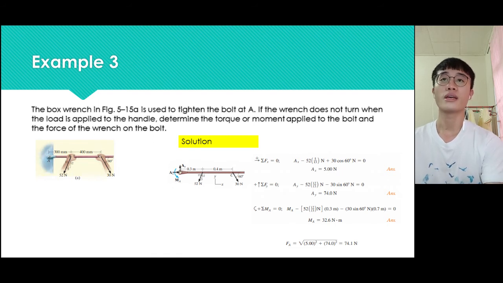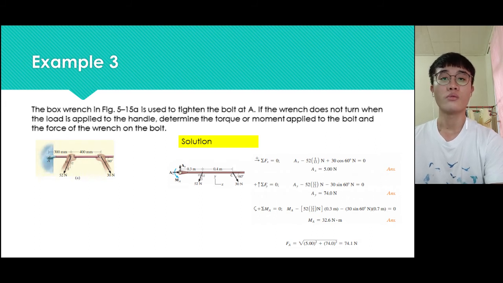Okay, first, as we can see, the system is in equilibrium, and therefore the equations of equilibrium will be applied. To solve this question, we have to draw a free body diagram, extract the important information and put it in the diagram.